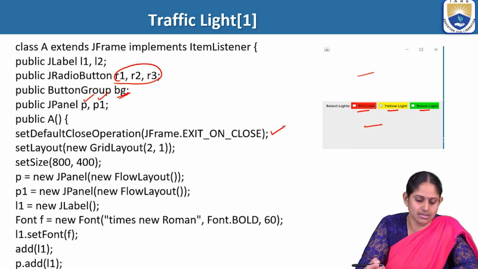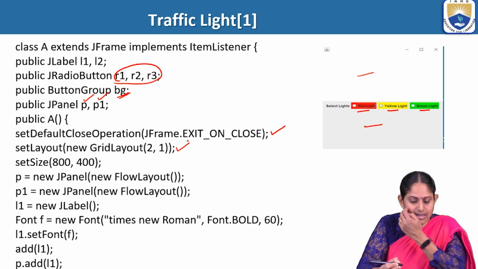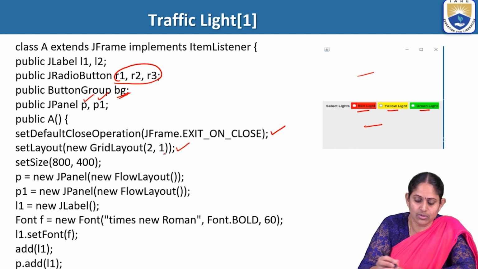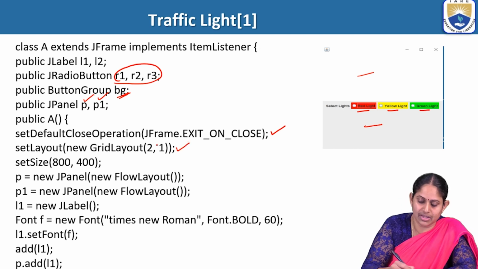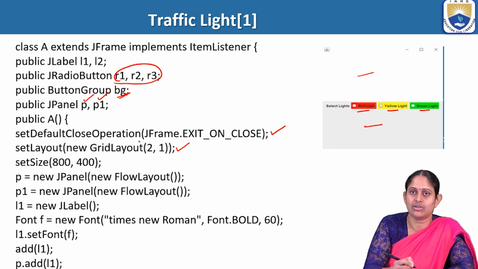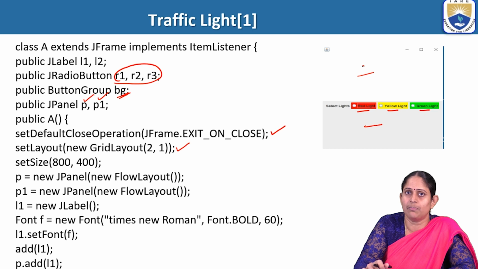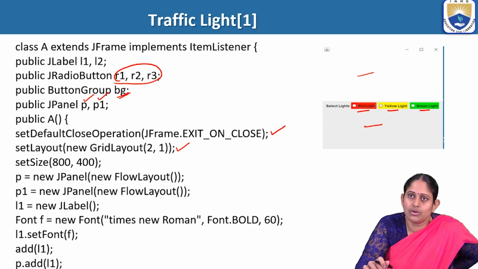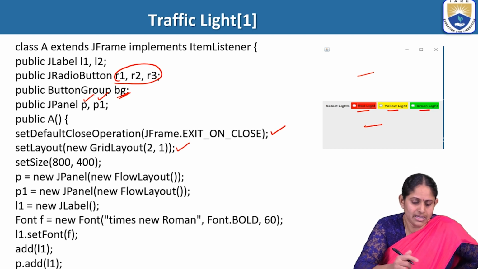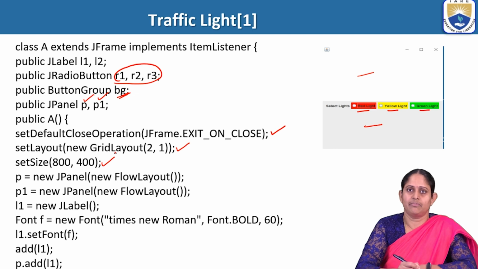We are setting the default close operation to exit on close. Then we are using a grid layout. Since the frame's layout is a grid layout, it will place the 2 components in 2 rows and 1 column. Then the size is set to 800 by 400.